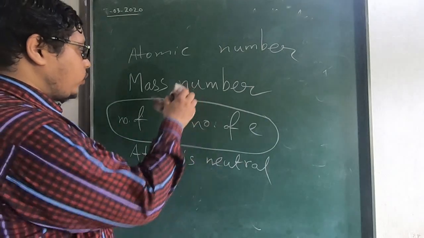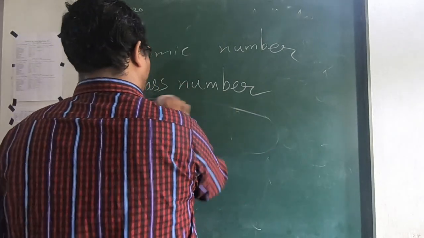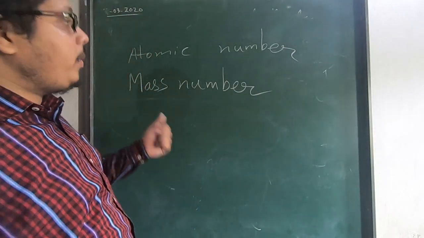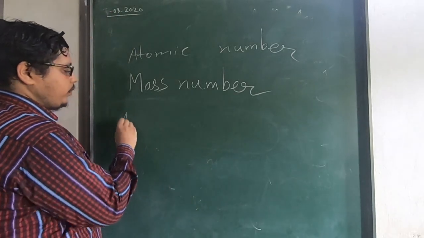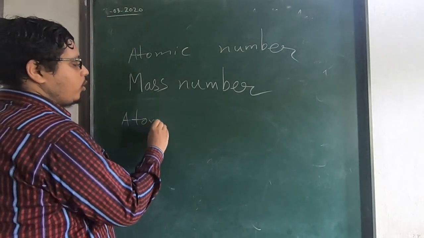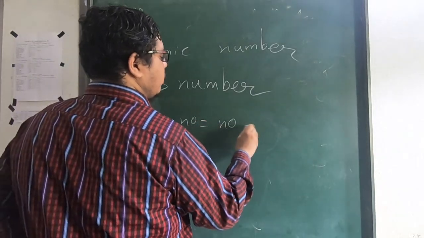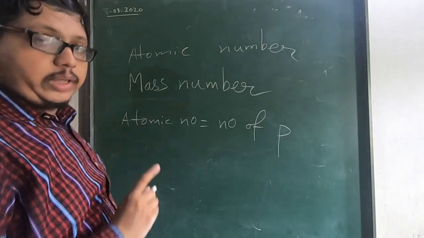Okay? Now coming to the topic mentioned on the top, atomic number. Atomic number is actually nothing but the number of protons in the nucleus.